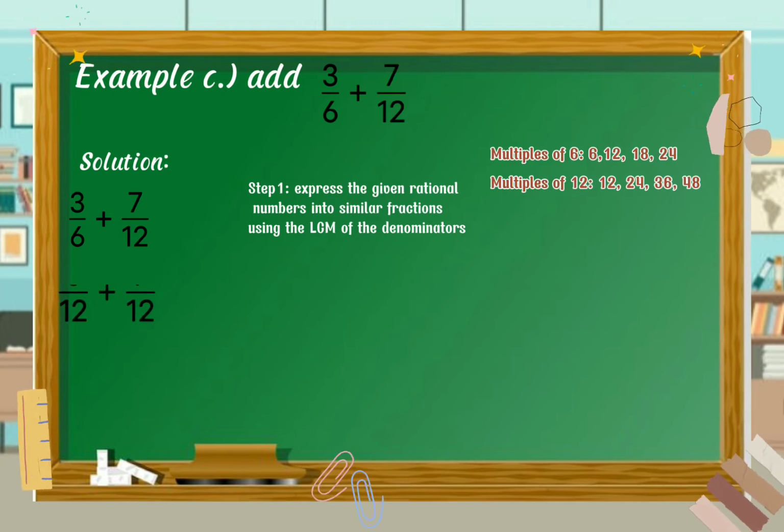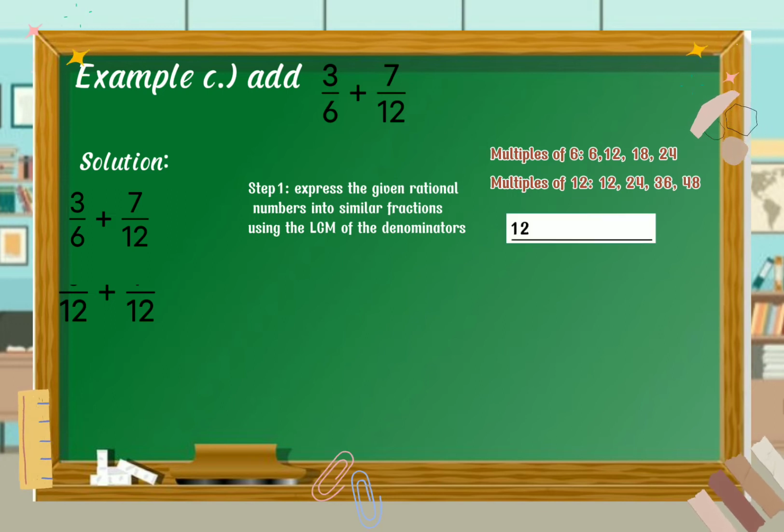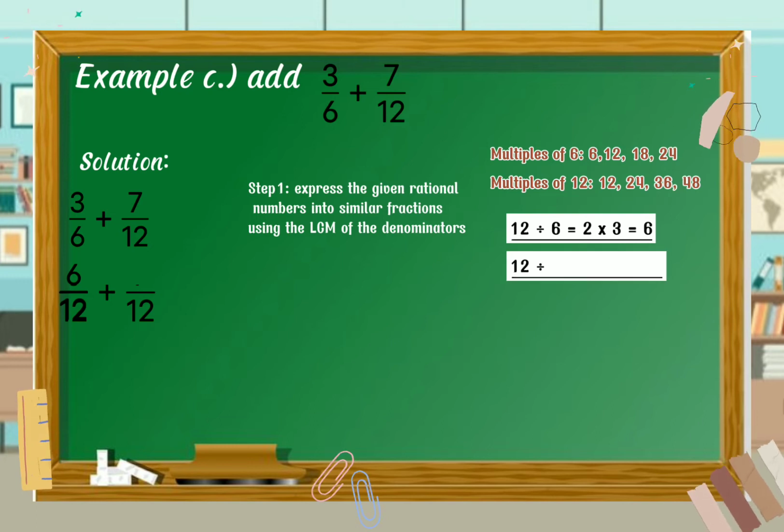And in order to make them similar fractions, we must divide the new denominator, which is 12, by the previous denominators and multiply by the numerators. So we have here 12 divided by 6 is equal to 2, multiplied by 3 is equal to 6, and 12 divided by 12 is equal to 1, multiplied by 7 is equal to 7.